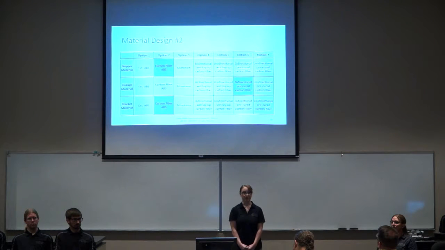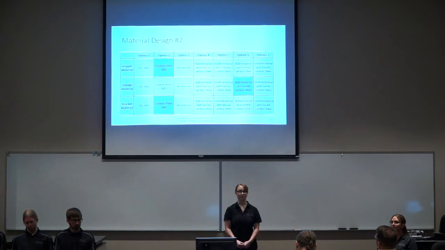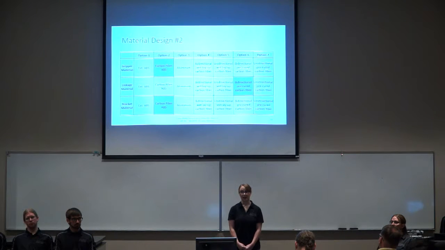This is our material design number 2. It's a morphological chart. There are 7 options for materials and for the various points of the tail, including the gripper, linkage, and bracket. The options include the extruded ABS, carbon fiber ABS, aluminum, and 4 different types of carbon fiber.